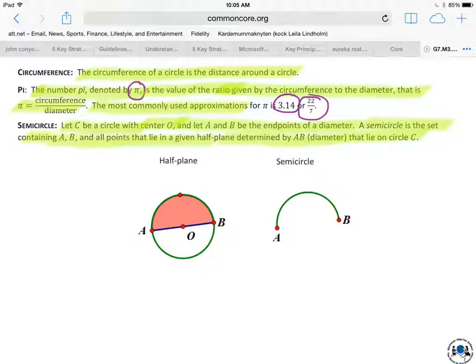So in this case, we're looking at a semicircle right here. All the points that lie on this kind of an arc, and that line segment AB. That is a semicircle. Here would be your center, right here.